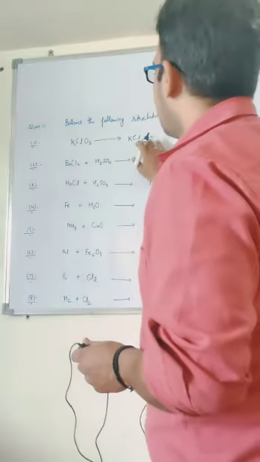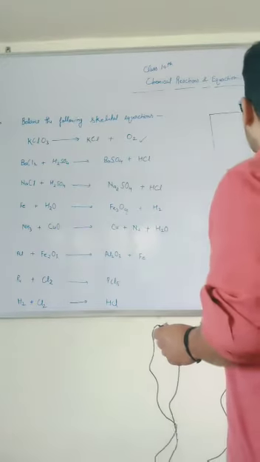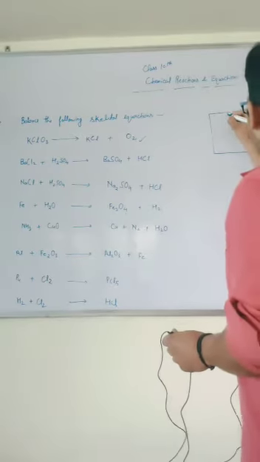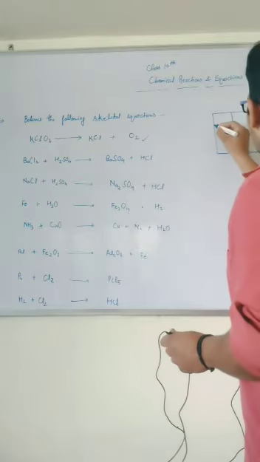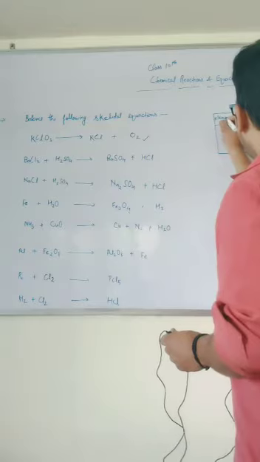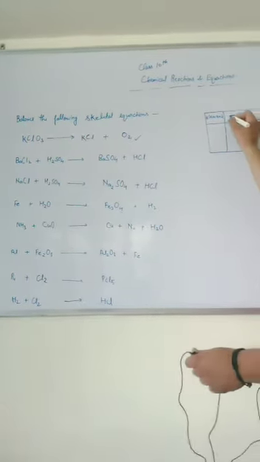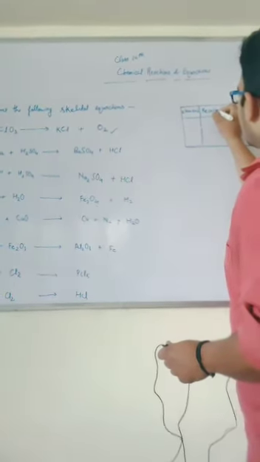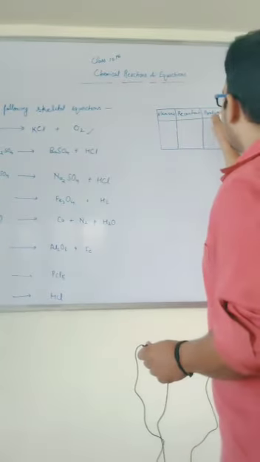KClO3 gives KCl plus O2. First we have to draw a table. We make 3 columns. The first column is of element, the second column has the reactant side, and the third column is the product side.